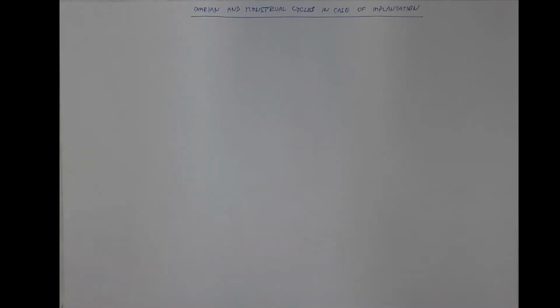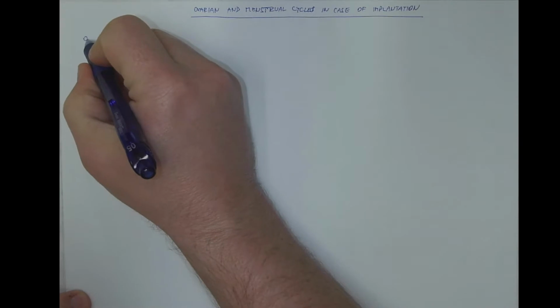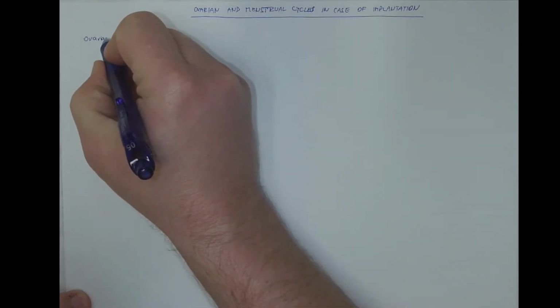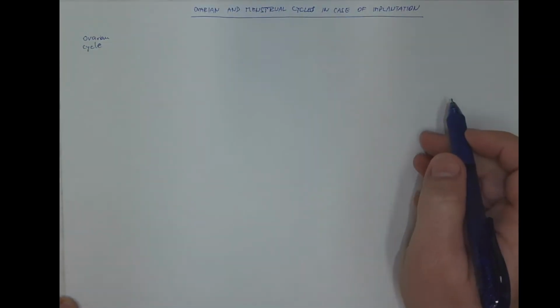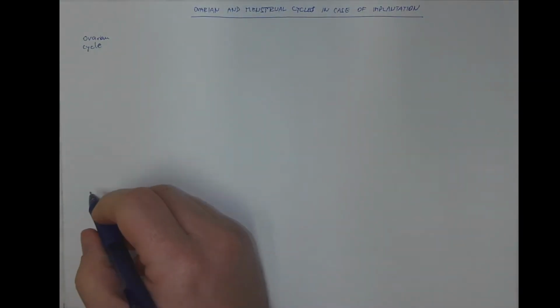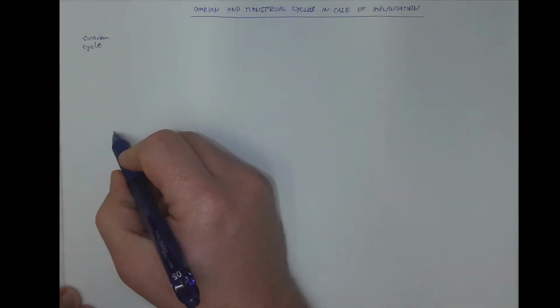Hello everybody. Let us correlate the ovarian cycle with the menstrual cycle in case of implantation. So here I will put the parts of the ovarian cycle, while the menstrual cycle will be considered as a graph.